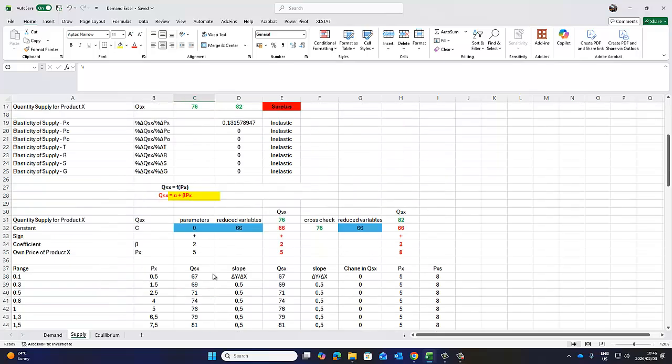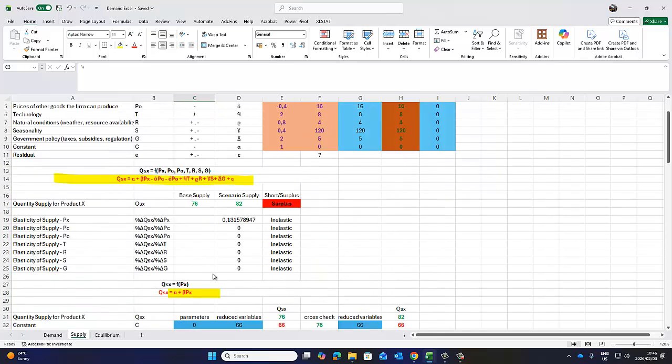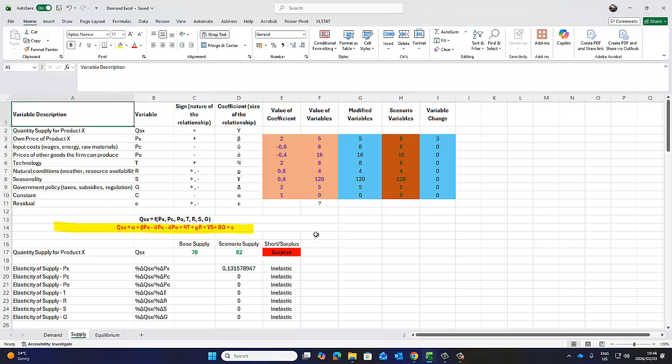And there it is. The rest of the spreadsheet is exactly the same as the demand side. So on the demand side, I had 3 videos. On the supply side, I'm just going to have 2 videos because I'm not going to go through the setup of the sheet itself. That's similar to the demand side. So there we go. Straightforward, nothing to it.